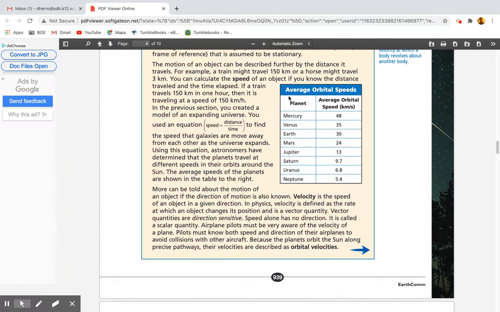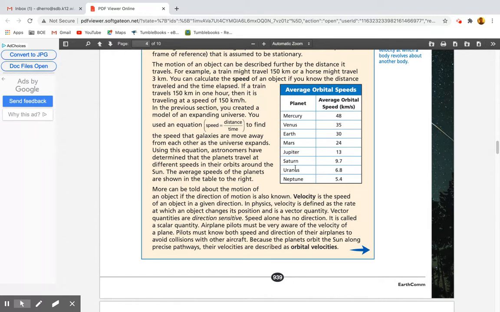Average orbital speeds: there's your planet, and there's your average speed. So Mercury has an average orbital speed of 48 kilometers per second. Venus has an average orbital speed of 35 kilometers per second. Earth has an average orbital speed of 30 kilometers per second, and so on.